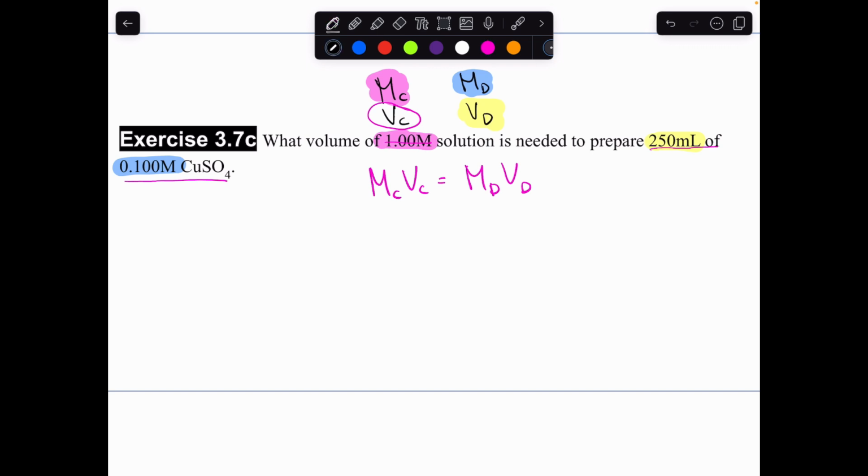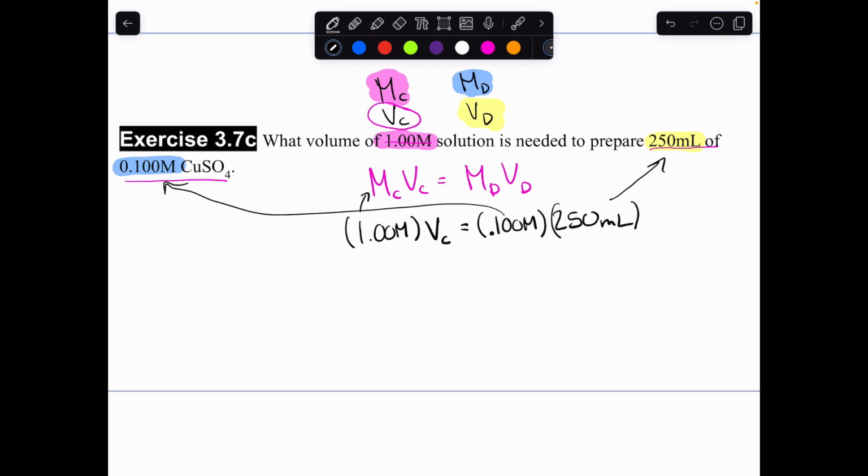Let's plug in what we know. We have 1 molar for this. V of C I don't know, so we'll just leave that as a variable. Then we have 0.1 molar here and 250 milliliters there. So that came from here.